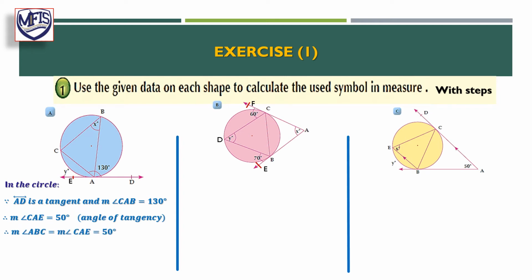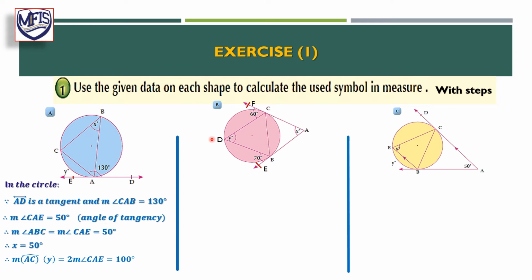Now, measure angle ABC equals measure angle CAE equals 50. That means X equals 50 degrees. Measure arc AC means Y equals twice the measure of the angle of tangency. Twice 50 equals 100.